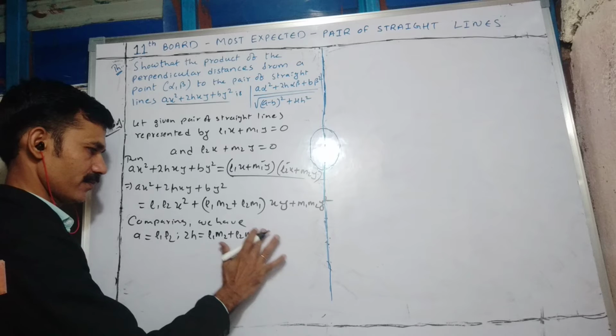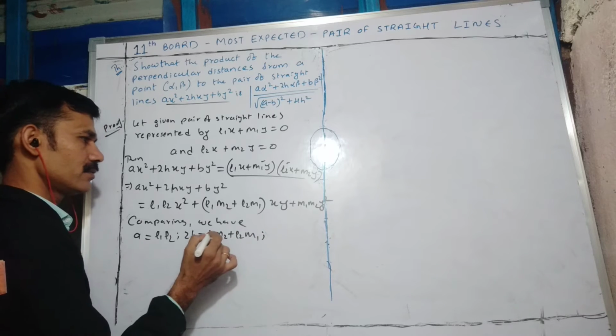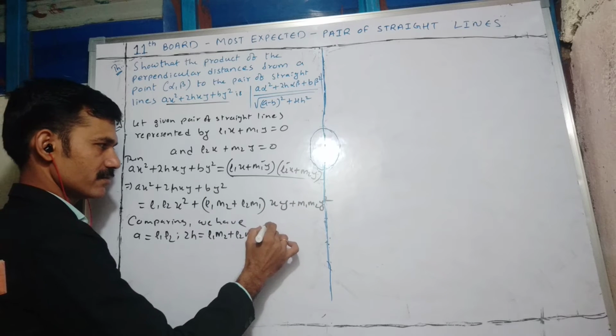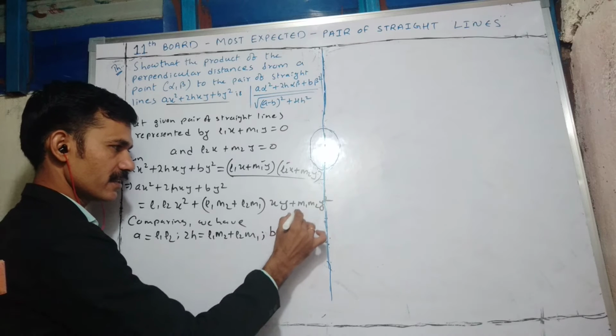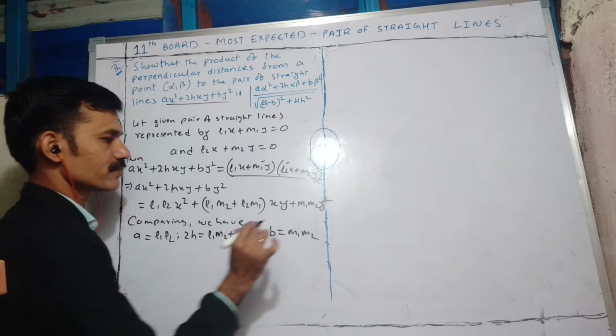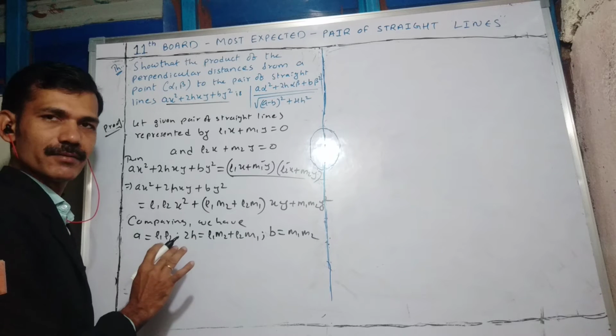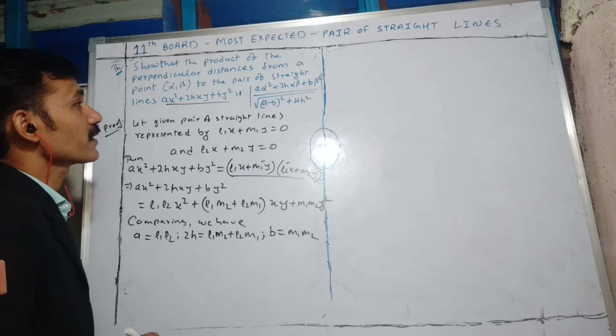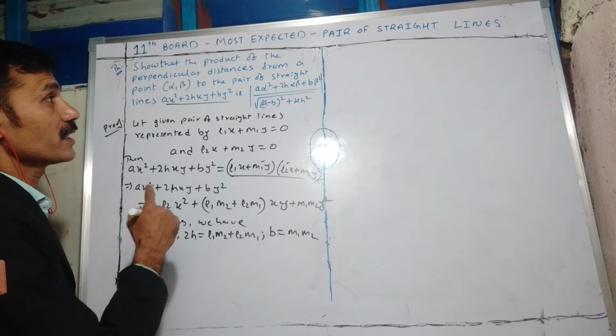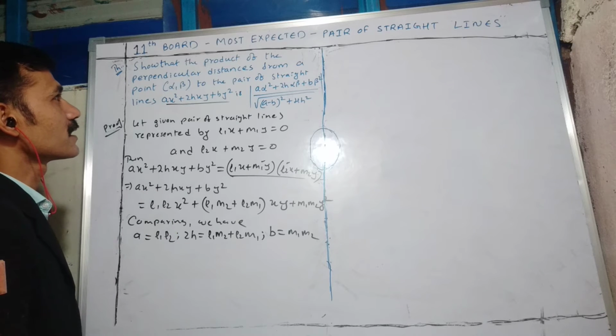Now y square coefficient b is M1 M2. See, first we'll do this, we'll come after completing this. Next what we have to do is we have to write the perpendicular distance.